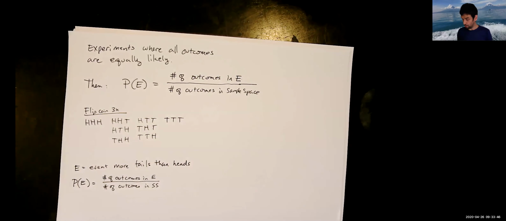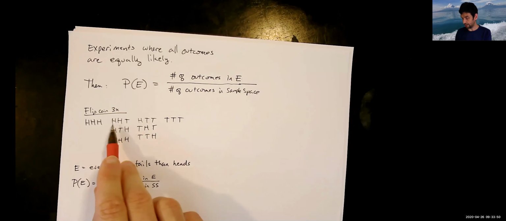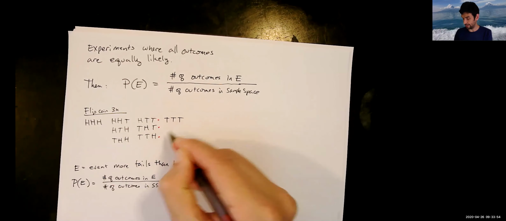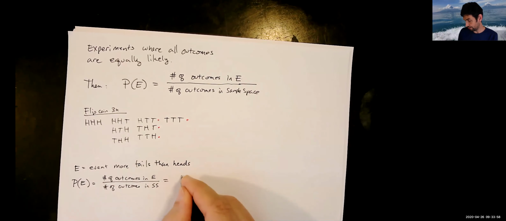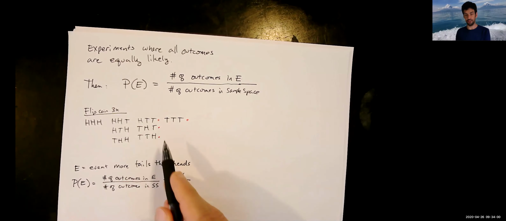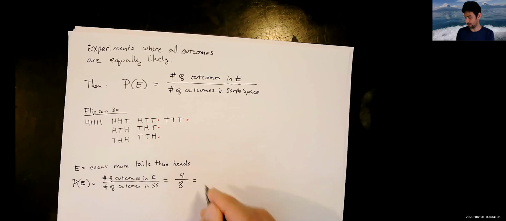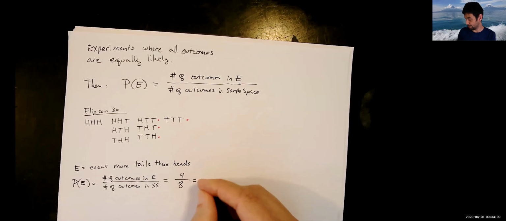Okay. So more tails than heads. Well, 3 heads, no tails, 2 heads, 1 tail, 2 tails, 1 head is all these, 3 tails, no heads is that one. So we have 4 outcomes in event E. There's a total number of 8 outcomes in the sample space.